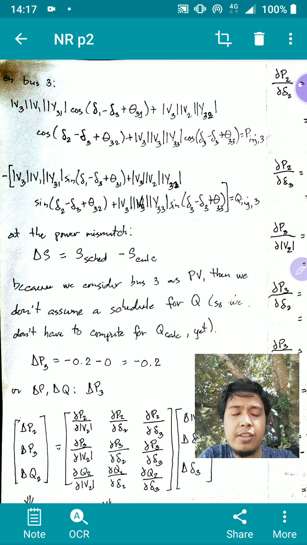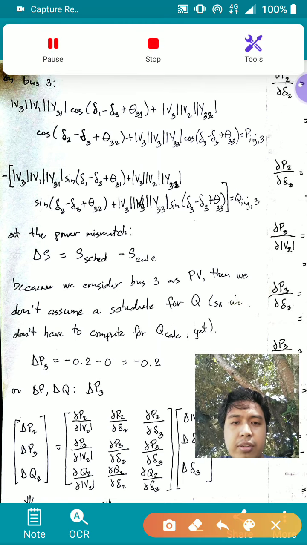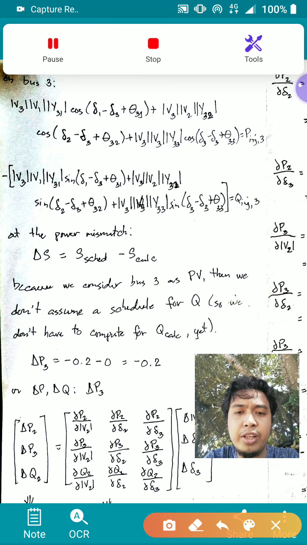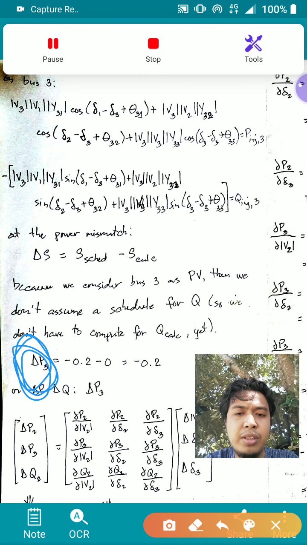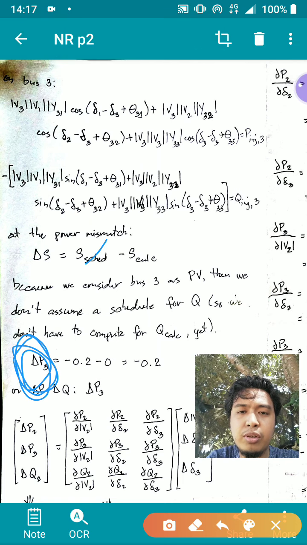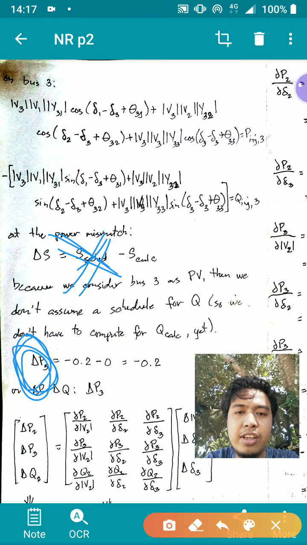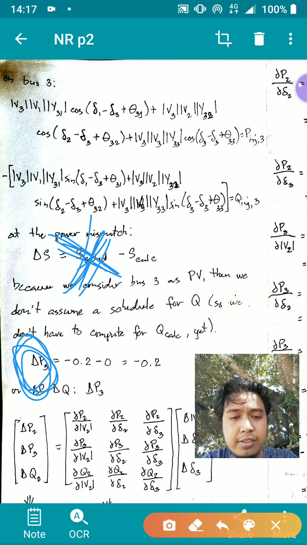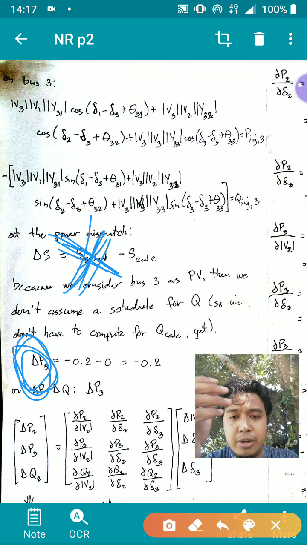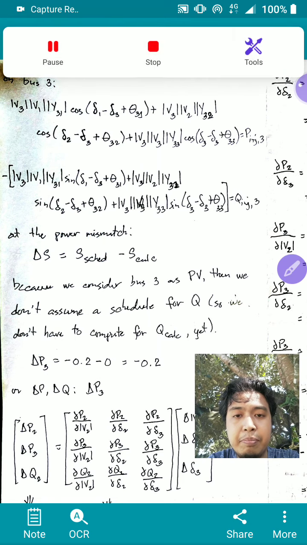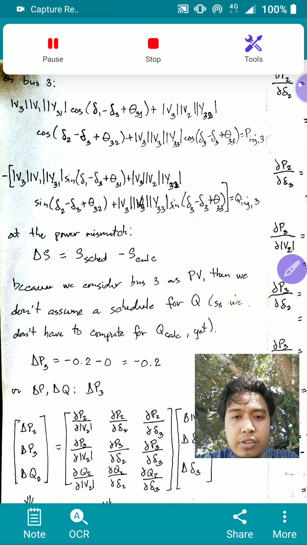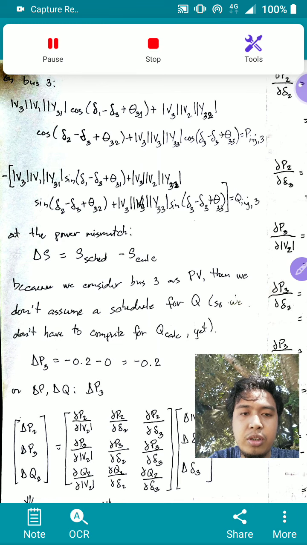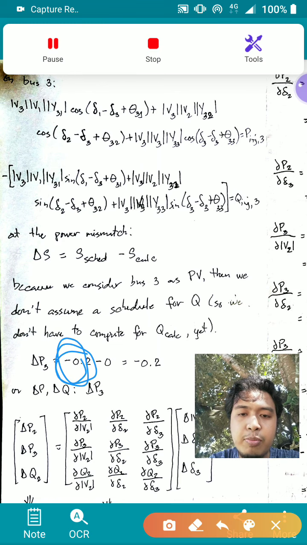Because we don't assume a schedule for Q, for now we're only concerned with delta P. We are not concerned with delta Q because we don't consider any schedule for Q. So for now we'll just consider delta P. We want a schedule of negative 0.2.